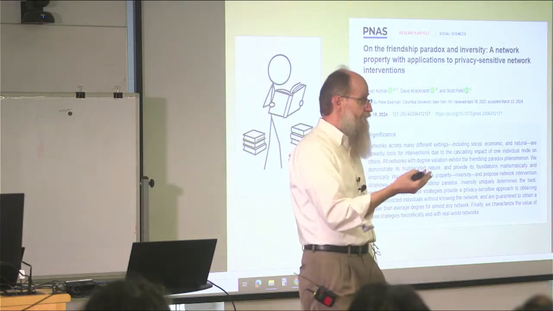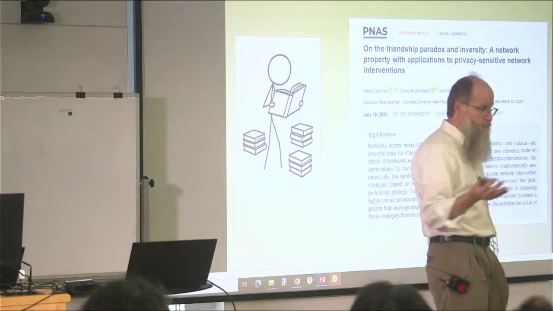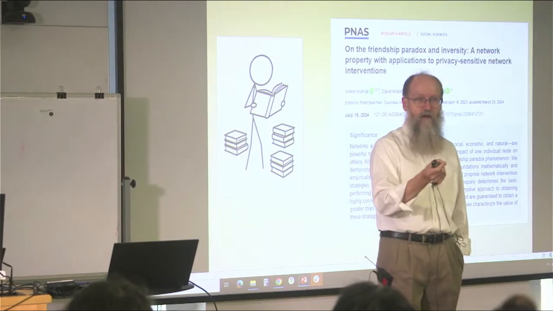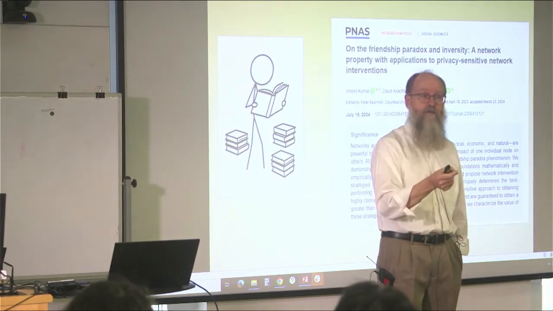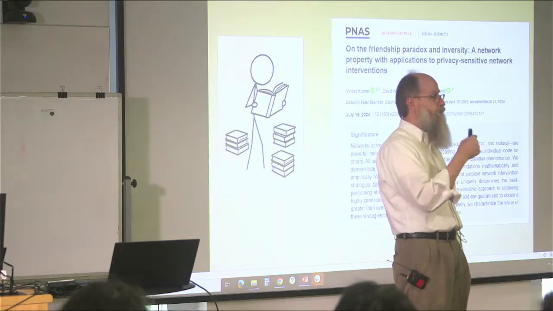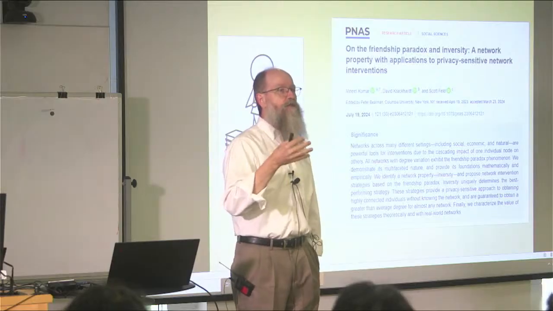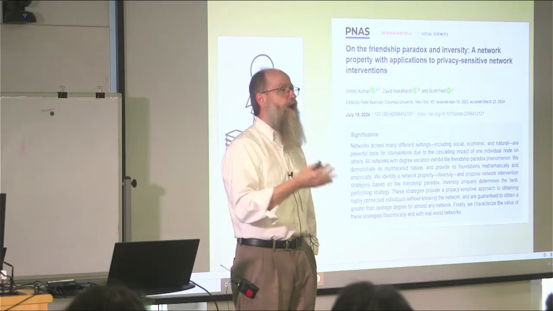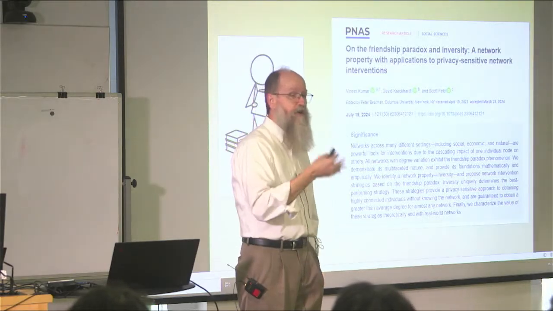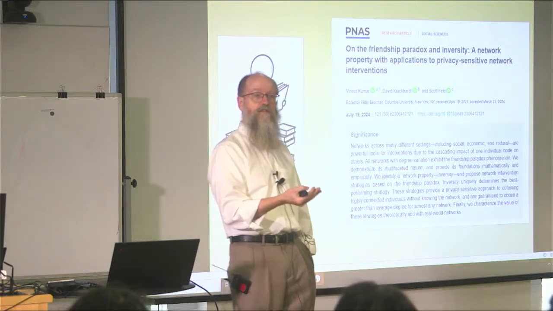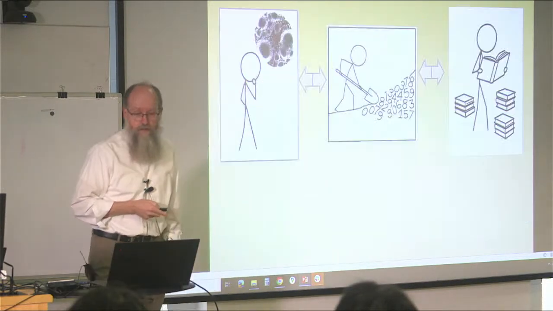That is, instead of sampling the whole network, you ask people who their friends are and you sample that person, because on average that person is more popular than the person you sampled initially. Well, it turns out that strategy only works under a certain set of conditions. And they've come up with an index to help you figure out whether your network meets those conditions. That's kind of cool.